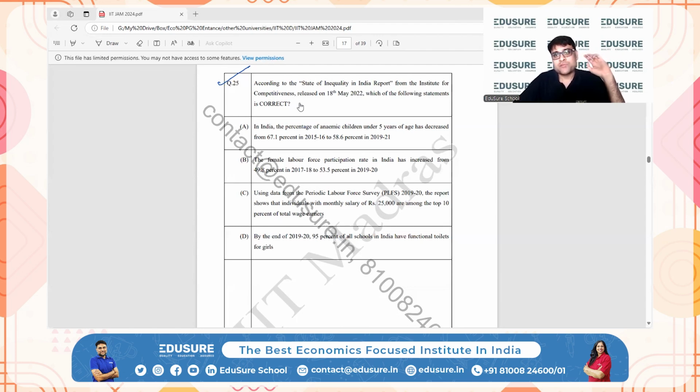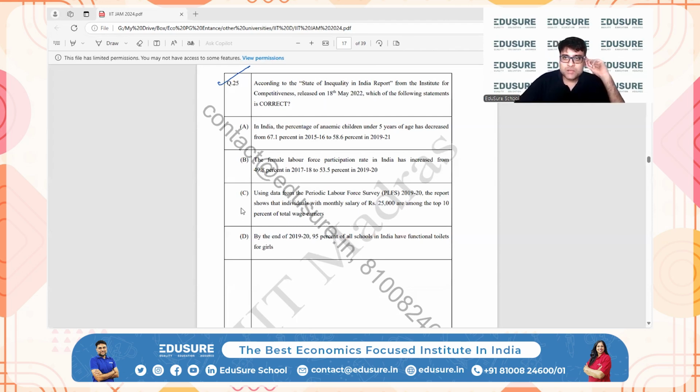In fact, from the report, we know that the female labor force participation is very low and there is no major increase. Okay. Right.